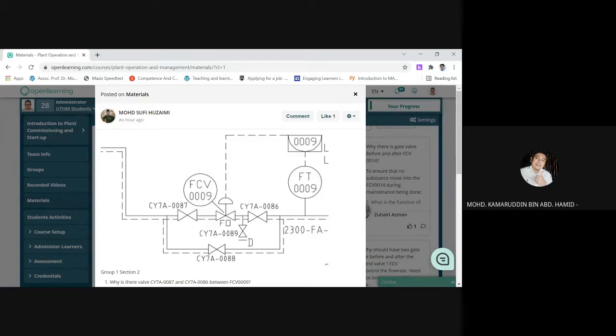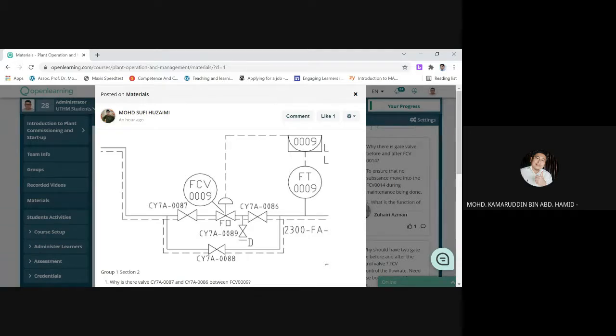Kalau dia ada banyak layer, so that is a very important variable that you need to monitor. Okay, kalau dia cuma ada satu high alarm dan low alarm, so benda tu is not really important. Okay, especially on flow. Selalu flow kita akan cuma ada high, low, ataupun jarang ada low, jarang ada high, selalu low saja.